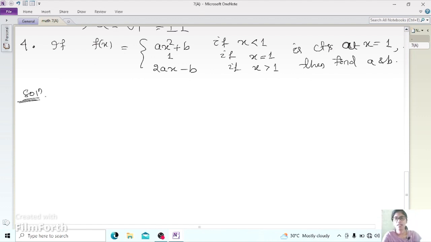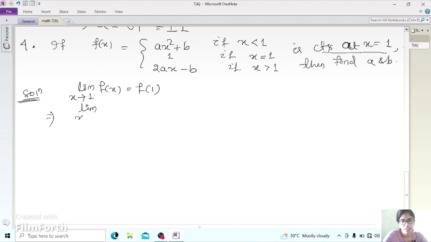Similar, same formula. The function is continuous at x equal to 1. That means limiting value is equal to functional value. That means limit x tends to 1 of f of x is equal to f of 1. That means left hand limit is equal to right hand limit.